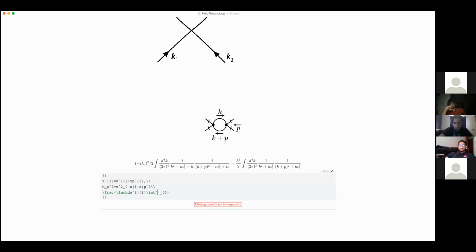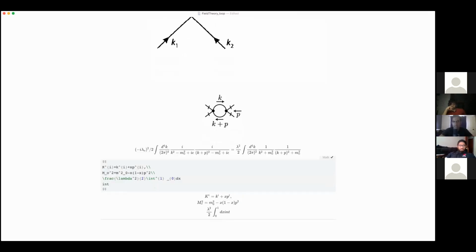This might seem very arbitrary, but we'll go back to this rule because there'll be something interesting if you were to be able to do all of the k integrals and then just look at it in terms of x integrals. Then it's almost like you're doing the integrals over only proper time.